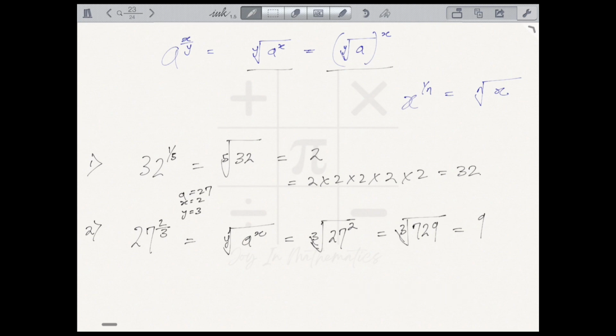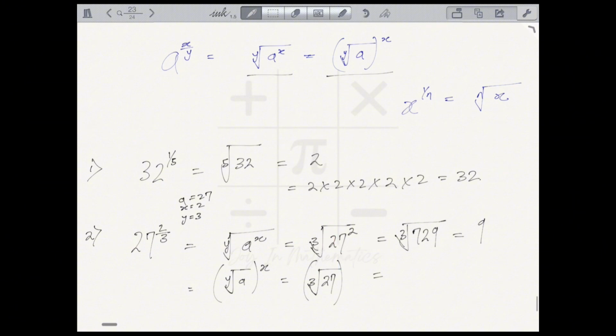Also, if you apply the format of the y-th root of a, all raised to the power of x, then we know that y is 3, a is 27, and x is 2.